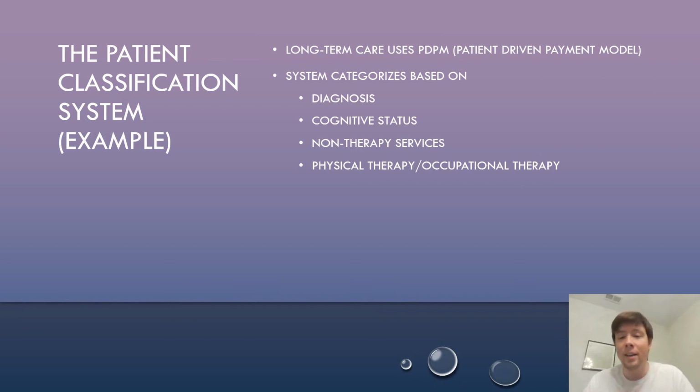So cognitive status, non-therapy services such as wound care, physical therapy, occupational therapy, all of that goes into this big holistic approach that PDPM takes. So this might encourage facilities to accept the harder residents, if staffing permits, instead of the easy ones. The acuity gauged through the MDS will help the administrative team determine the best nurse to patient ratio based on the acuity.